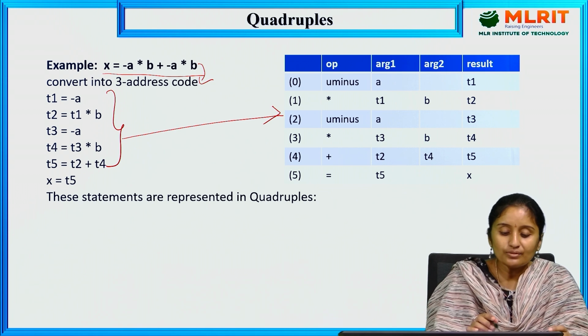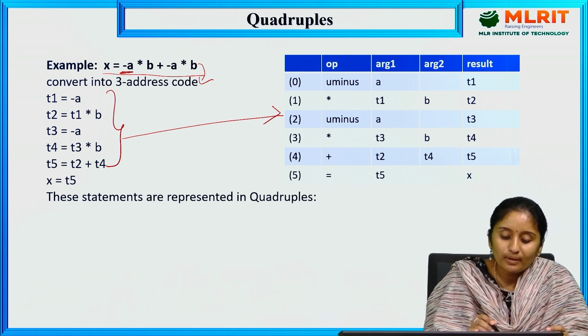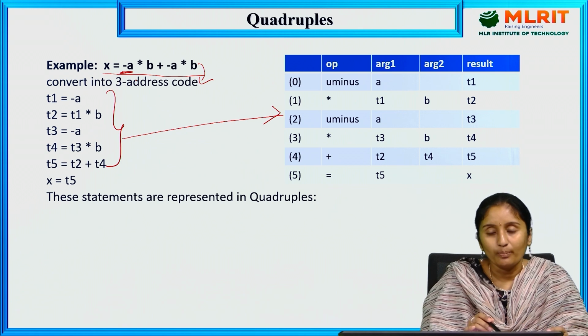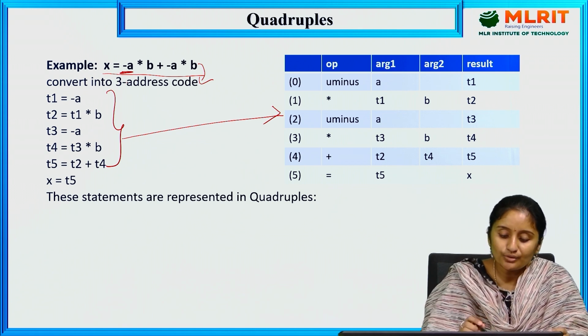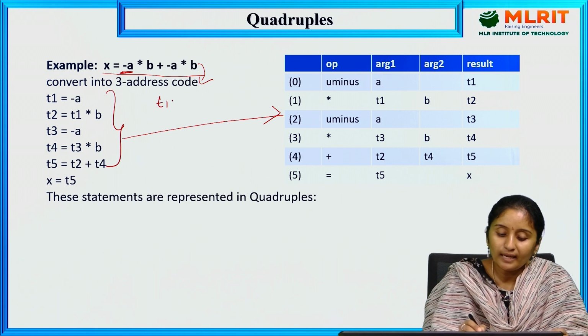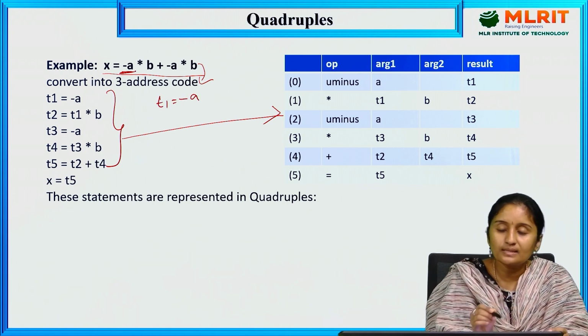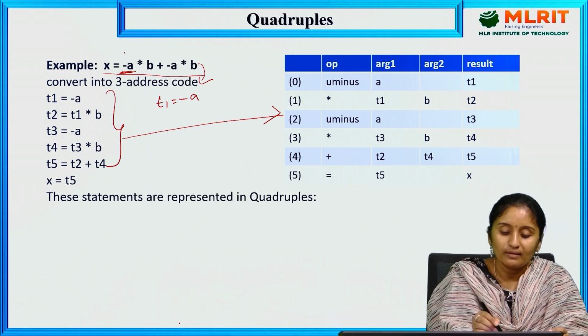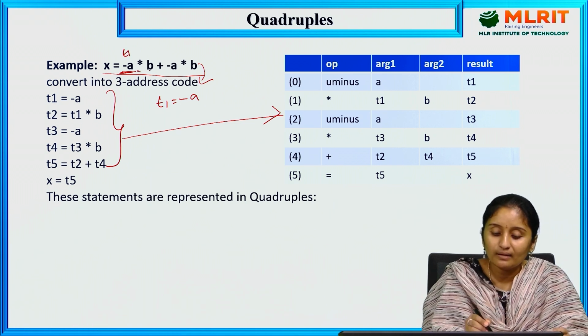Clear? So see here, X equal to minus A. What type of operation is minus A? It is a unary operation. So I am going to store it in T1 equal to minus A. T1 is holding minus A. The next one I am having here is the B operator.